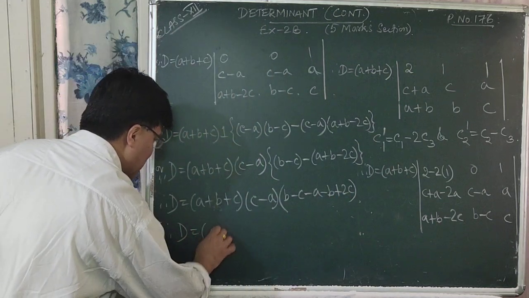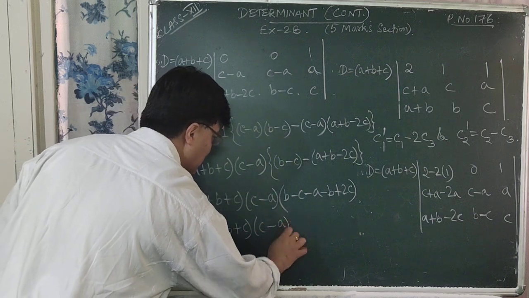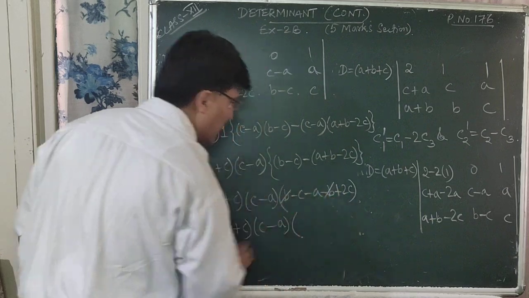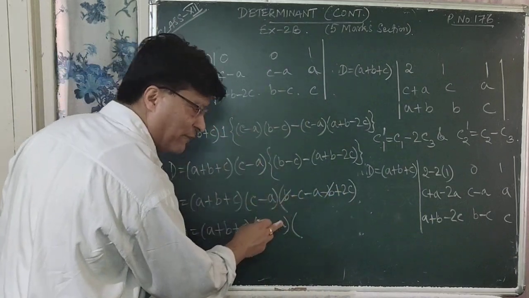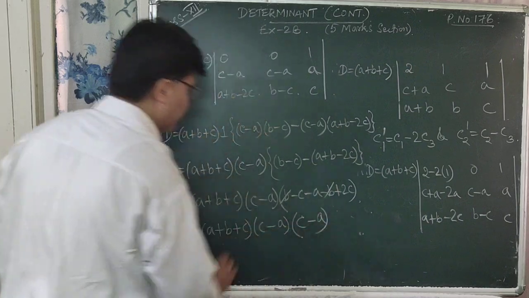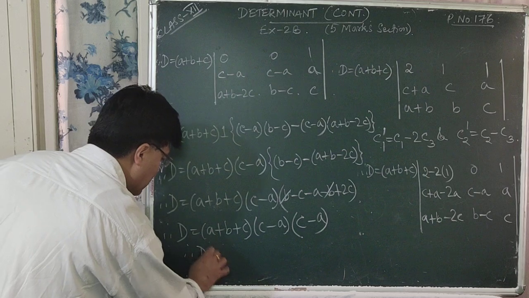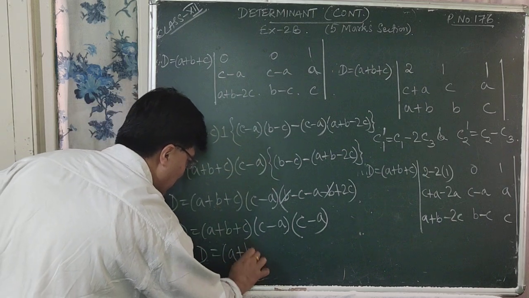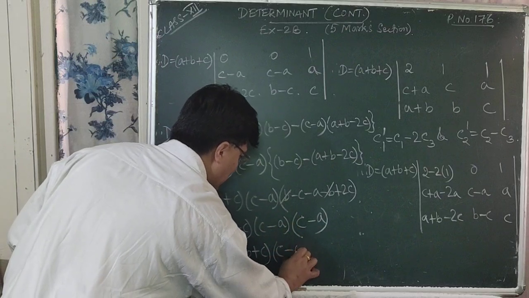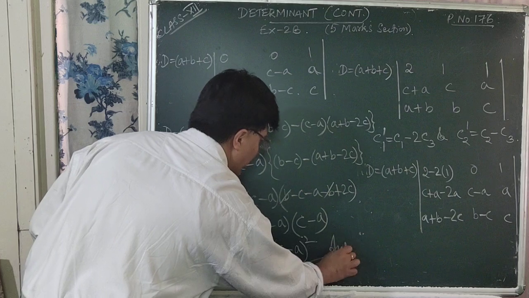Therefore D is equal to A plus B plus C into C minus A into, so here you can cancel, plus B minus B gets cancelled and you can simplify it, 2C minus C, C, then minus A. Is that clear now? So what is the final answer? D is equal to A plus B plus C into C minus A whole square. So this is the final answer.